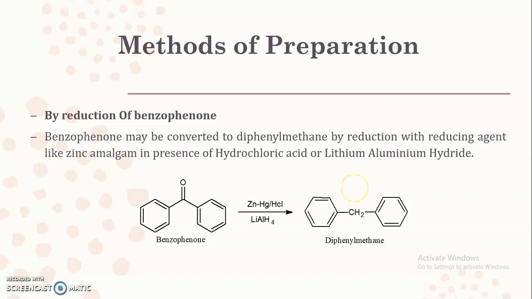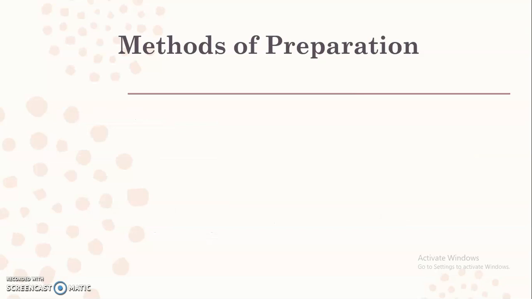So this is the third method used for the preparation of diphenyl methane. This is also one of the simple methods. Benzophenone is a ketone which is readily available, and it can be used for the synthesis of many compounds.